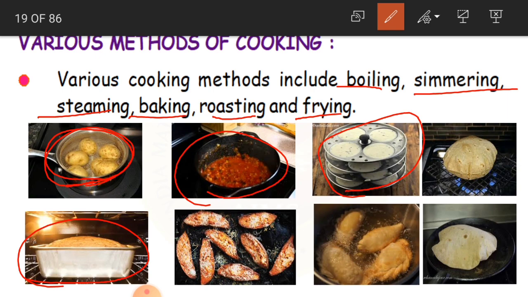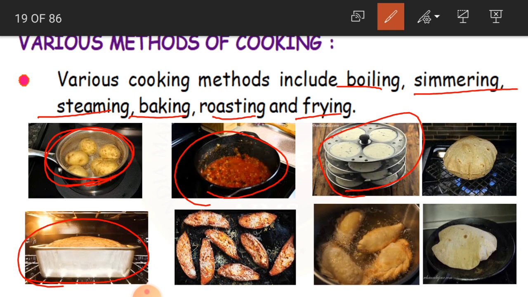Cakes, muffins, biscuits and bread, and also pizza, burger, all these food items are prepared by the method of baking. Okay, children, they are baked in ovens where heat is generated through electricity.